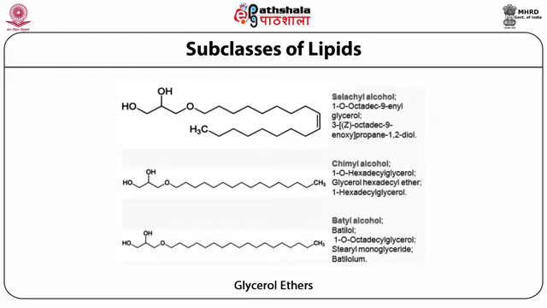On the other hand, it also imparts solubility in organic solvents to these compounds. For this reason, the glycerol ethers like selachyl alcohol, chimyl alcohol, batyl alcohol are also classified as lipids.